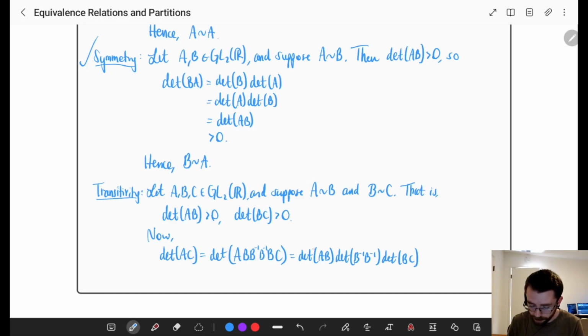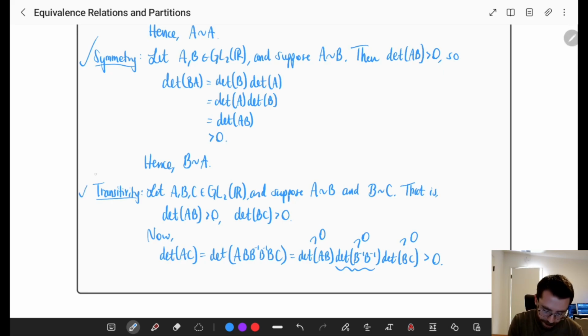Great, right? I know this guy's positive. I know this guy's positive by assumption. How about this guy? That's basically part A. The determinant of B inverse squared is the squared determinant of B inverse. That's positive because determinant of B inverse isn't 0. Product of three positive numbers, positive. That's actually much cleaner than what I had planned.